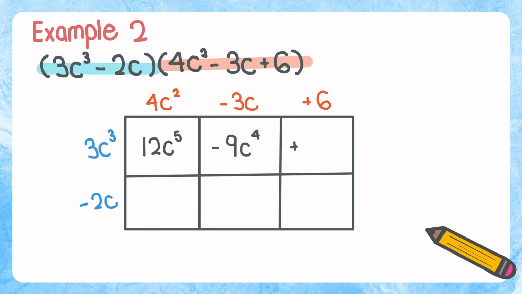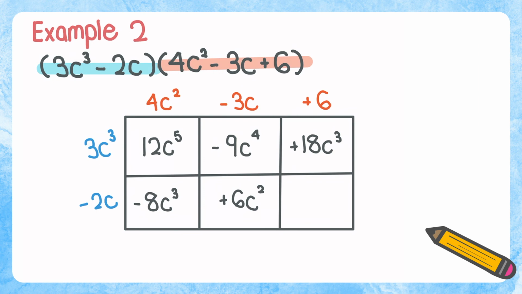And then 3c cubed times 6 is a positive 18c cubed. My goodness. Okay, negative 2c times 4c squared is negative 8c cubed. And then the negative 2c times the negative 3c, that's going to be a positive 6c squared.